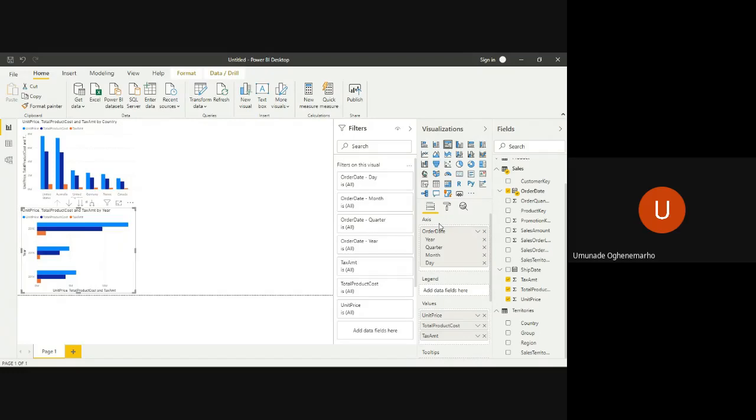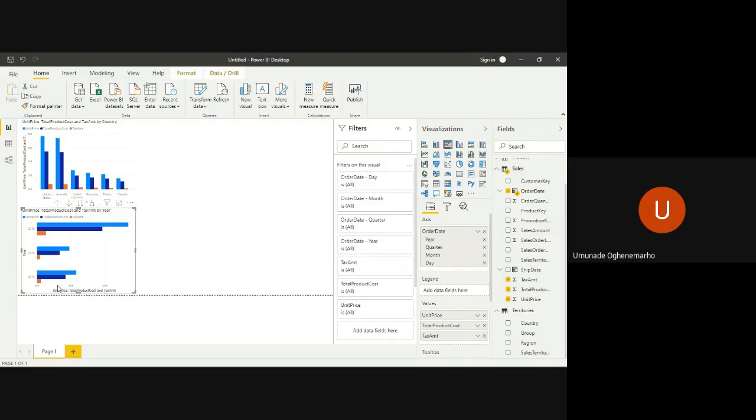Now, what does a drill down do? There are two kinds of drill downs. There is a normal drill down which just goes to the next level, and there is the expand drill down which expands the data by one level. So for example, if we decide to use the normal drill down, we can drill down our data into year.